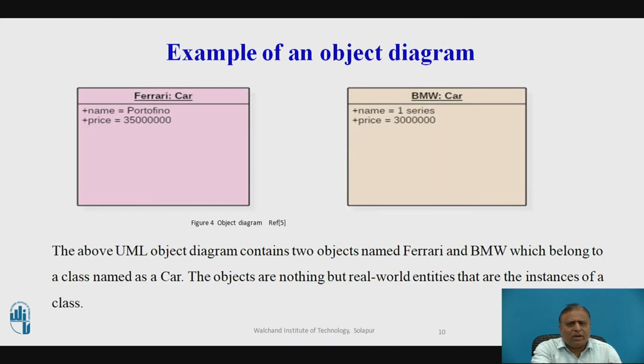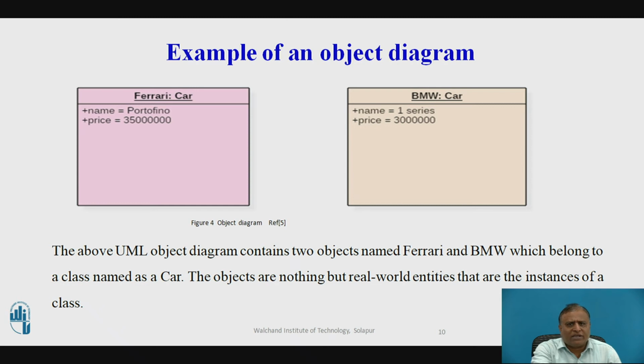Here the example is given: Car is the class, and Ferrari and BMW are the objects. The attributes of the class are name and price, which are the same attributes as this object Ferrari. The notation can be given as Ferrari colon Car, which means Car is the main class and Ferrari is an object.